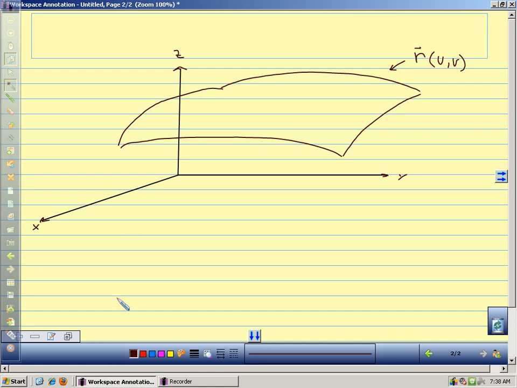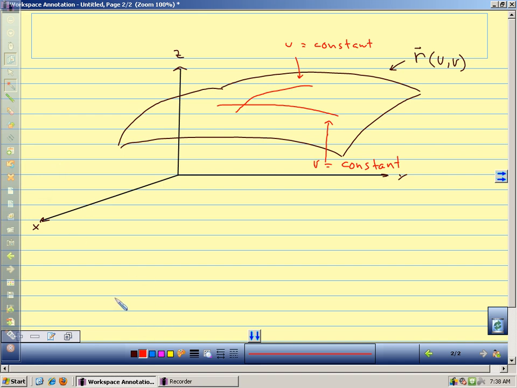What we're going to do is assume that along this curve u is constant, and along this curve v is constant. So we can draw some tangent vectors and use those for our approximation.